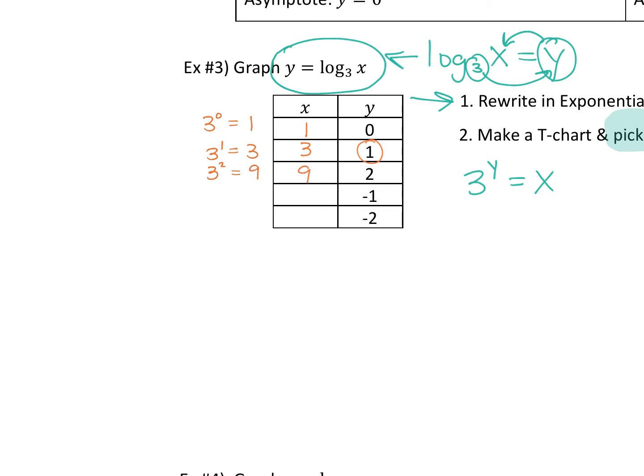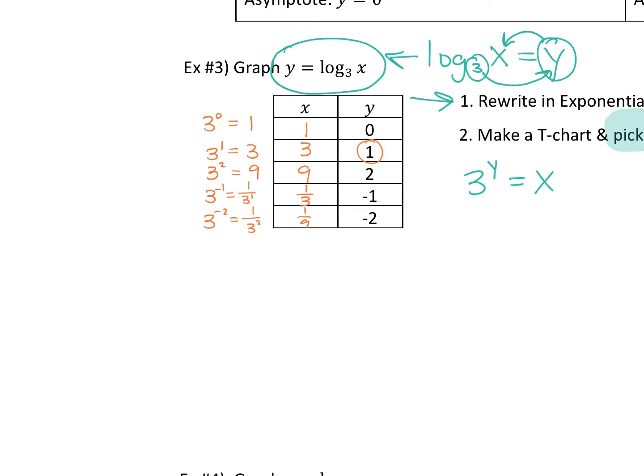Now here's where some tend to have a little more trouble. Don't forget what a negative exponent does. 3 to the negative first power is what? 1/3. It's 1 over 3 to the first power, which is just 1/3. Then 3 to the negative second is 1 over 3 to the second, so 1/9.